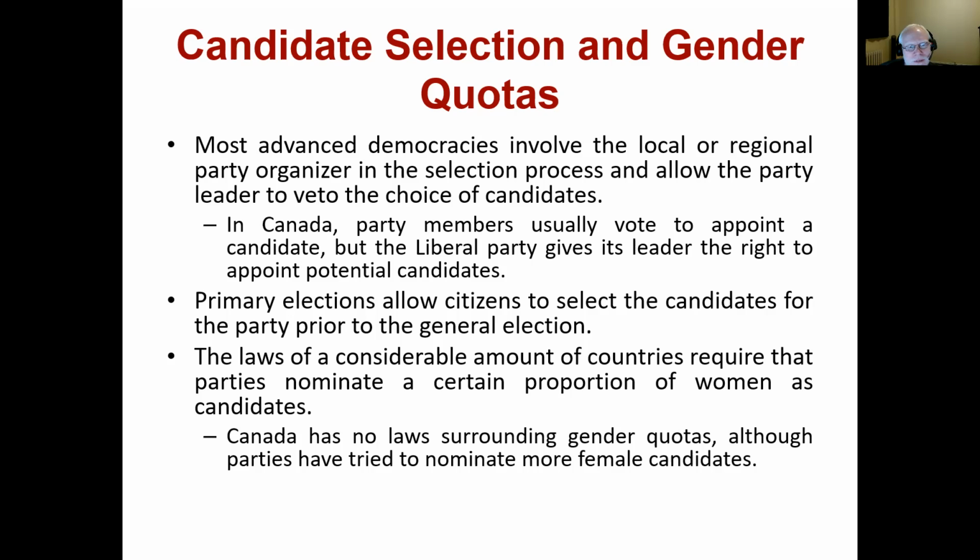The reason for this is, and sometimes even among some feminists it could be a debated issue, but the rationale is typically that women have historically been massively underrepresented in politics in general, and particularly in leadership positions. So the idea is, until we're at a point where women are just as likely to be able to have their voices heard in politics, we need to use law to give women opportunities to have their voices heard.